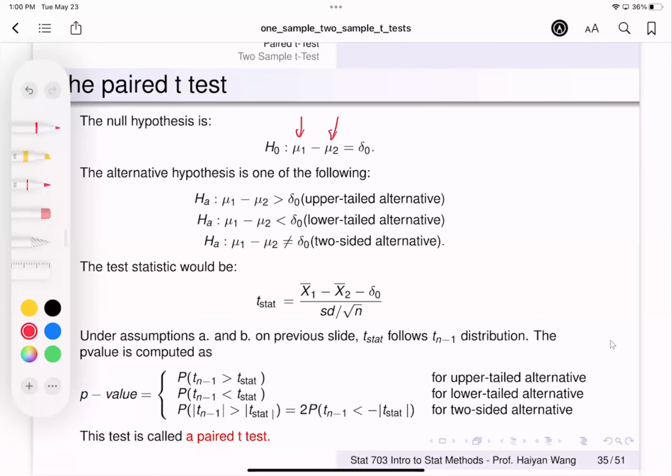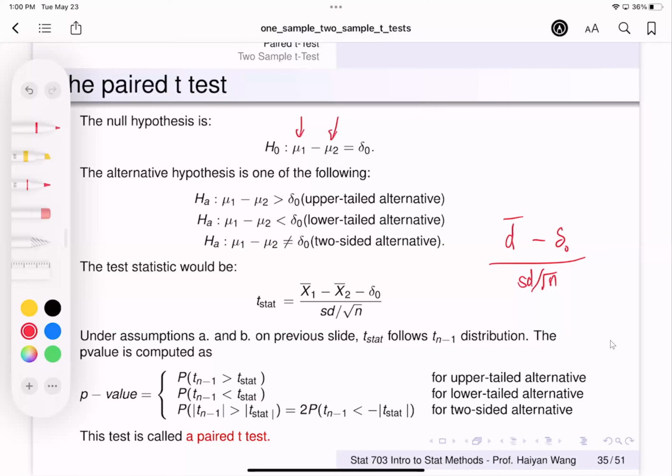The alternative hypothesis again is either upper tailed, greater than, or less than, or unequal. The test statistic would be the average of the differences. If you have already computed the d_i, then it is the average of the differences minus the value under the null for the mean difference, divided by the standard deviation over square root of n.